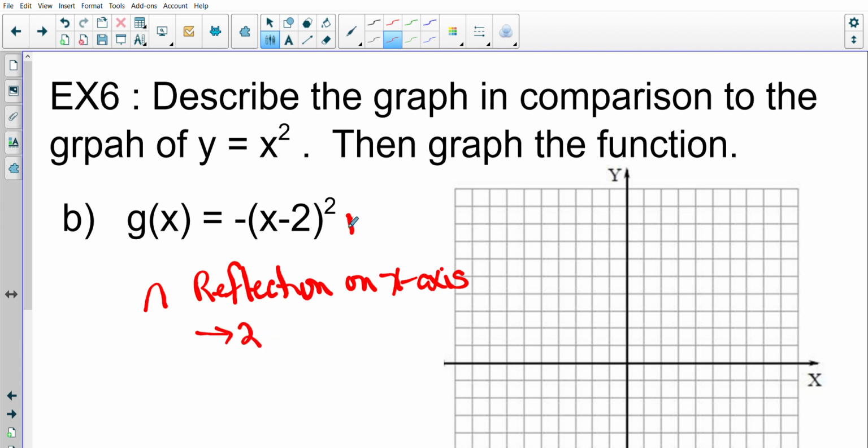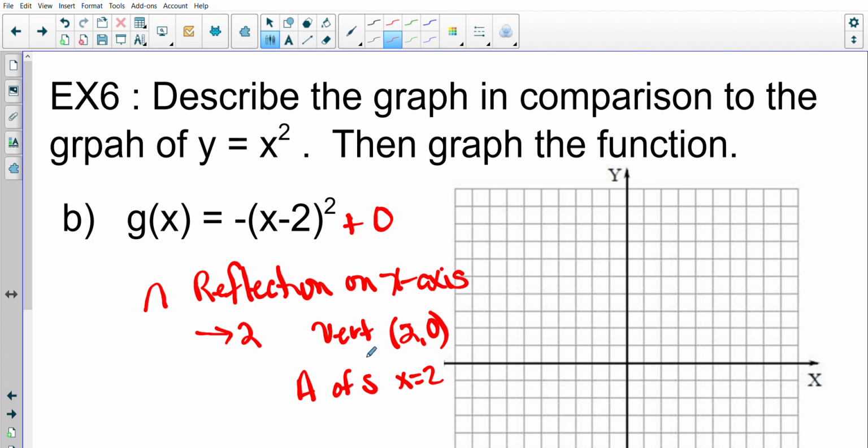Now our plus number or minus number outside tells us how much we're going to go up or down. We're not going to go up or down. So our vertex is at the point positive 2, 0, which makes our axis of symmetry the line x equals 2.